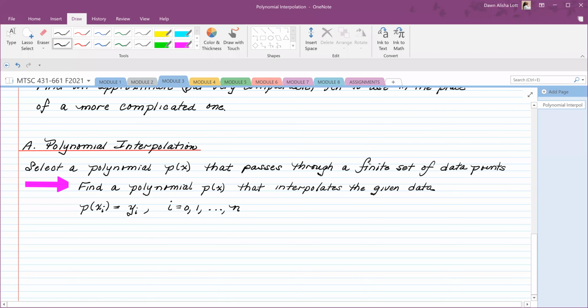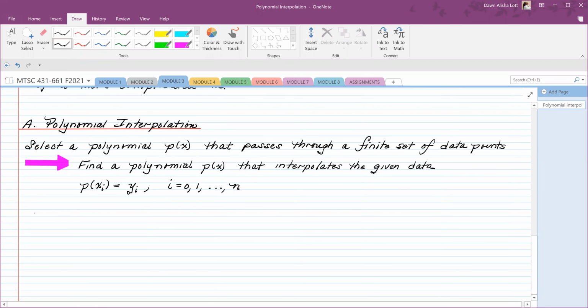So we're going to have a general polynomial of degree n. Well, we just got finished talking about this in the last section.